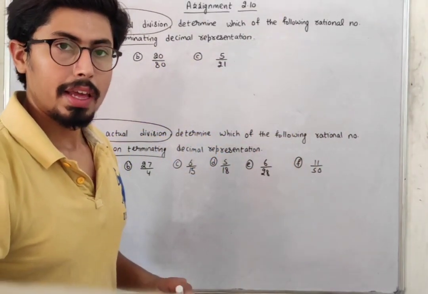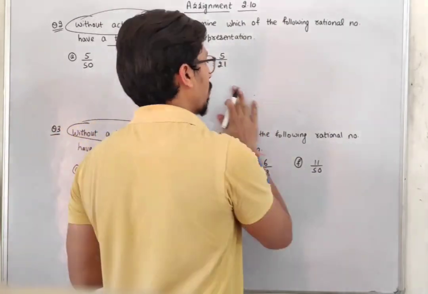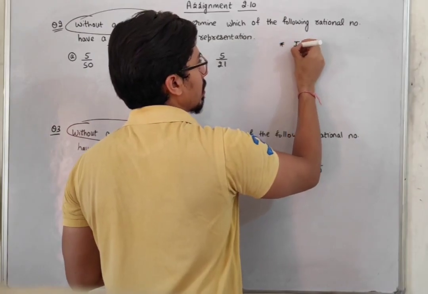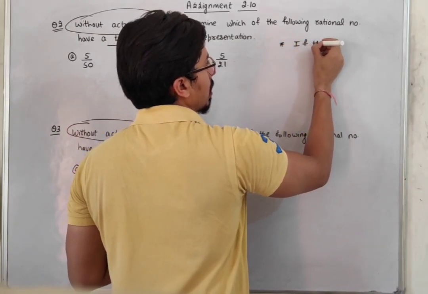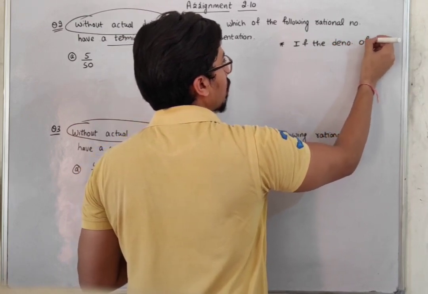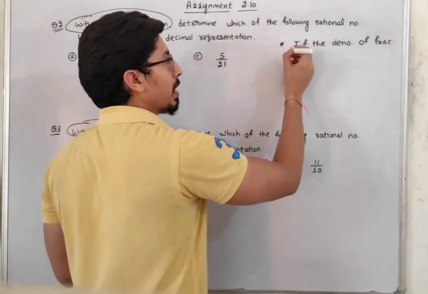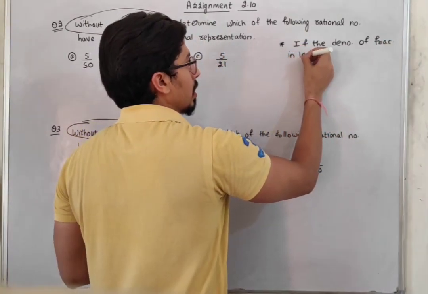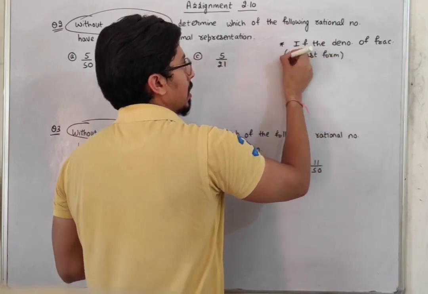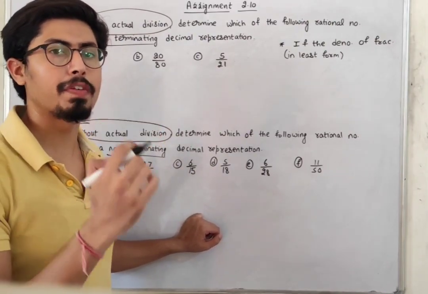If the denominator of the fraction in least form, students, that in least form means that the fraction can't be further reduced.